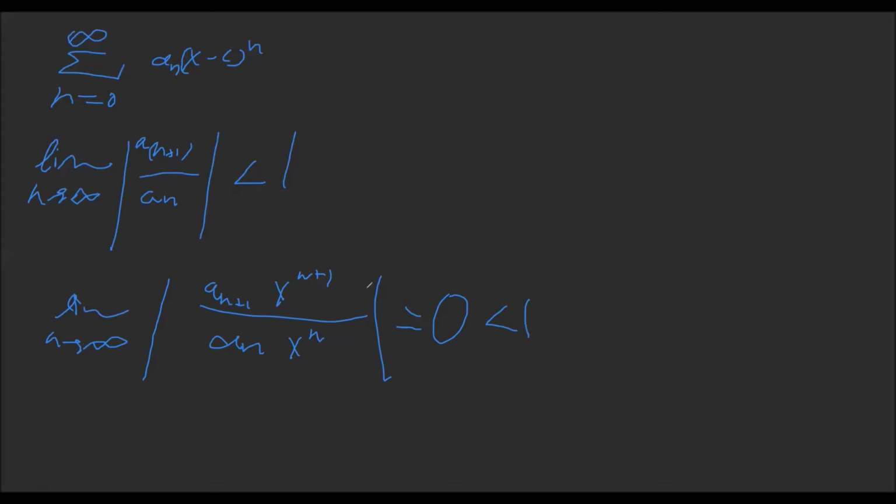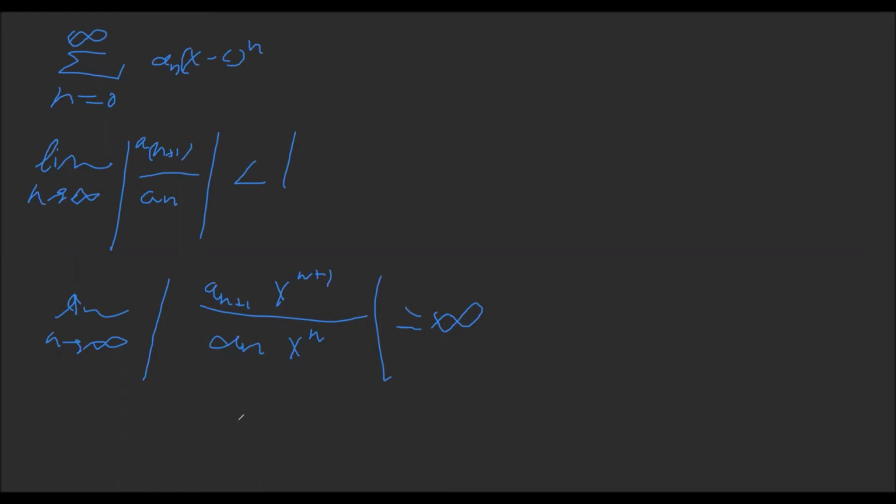And if this happens to be equal to 0, no matter the value of x, then it will converge no matter what. However, if this were to be equal to infinity, well, we know from the ratio test, you should know this anyways, that infinity is greater than 1, meaning that this will diverge at all times except for one point, and that one point is at c.